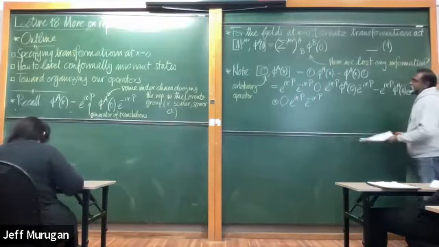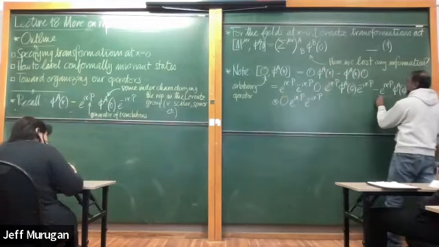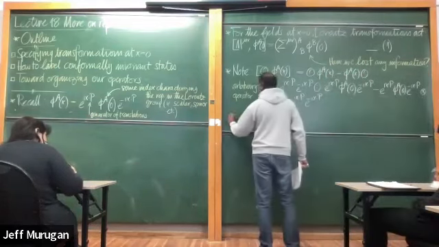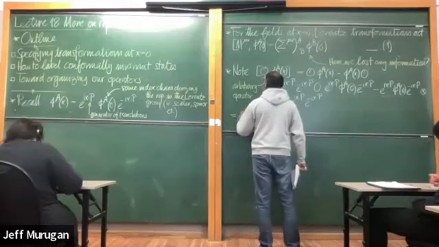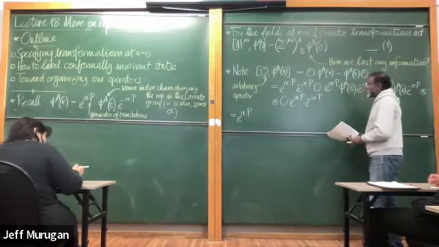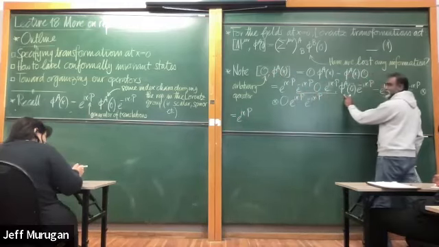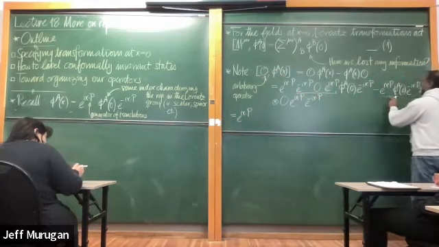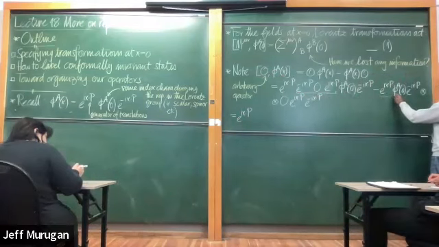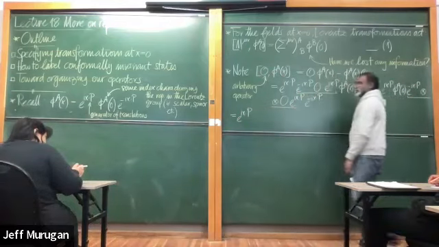But then I can take out e to the i x·p on the left of this term and this term. So e to the i x·p. What's left is this term times this, minus this times this term.